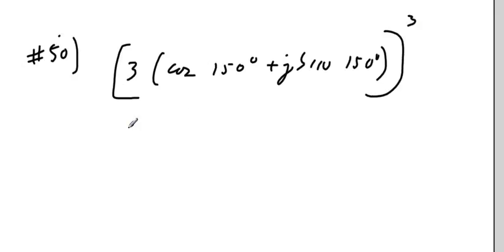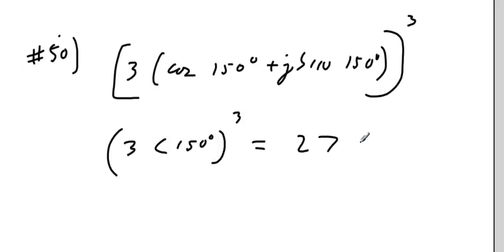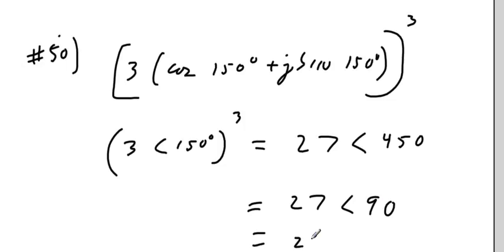All right, well, we'll put it in a different form. 3 angle 150 cubed. 3 cubed is 27. 150 times 3 is 450. 450 minus 360, that's angle 90. And we want to have the result in rectangular form, so my answer is going to be 27J.